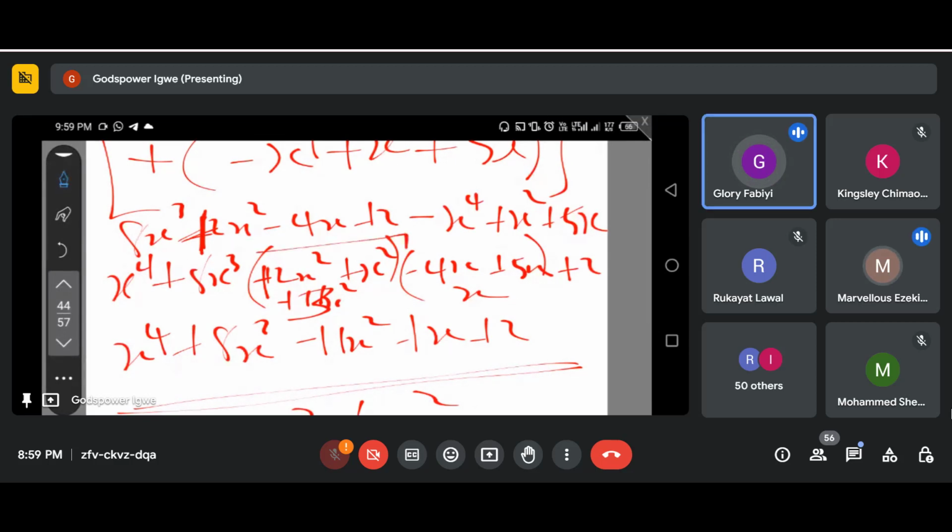Mr. Godspower, I think that x raised to power 4 is negative. I think there should be a minus at the front.